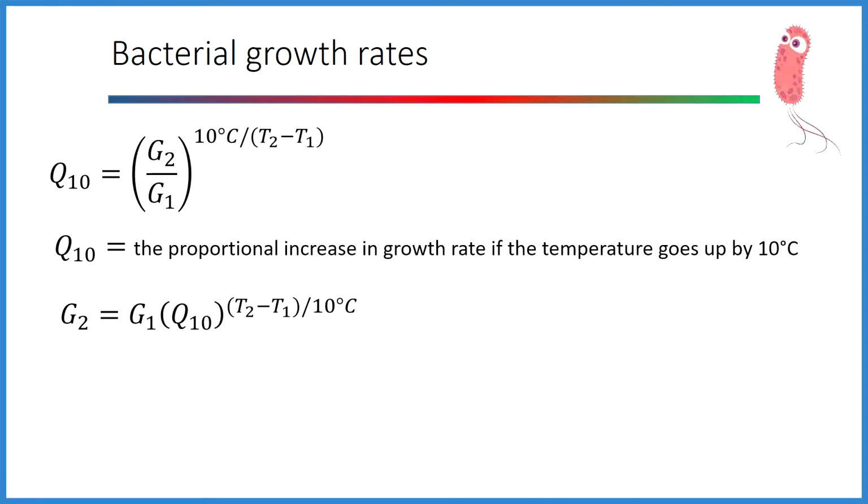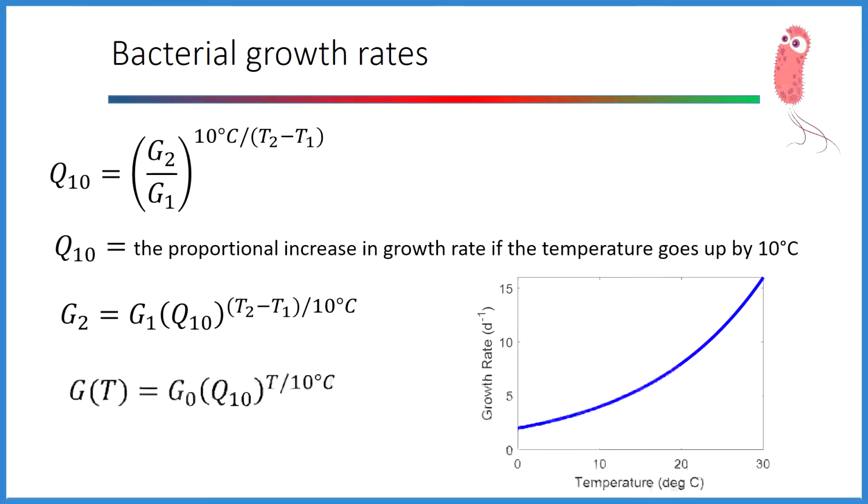If we know the growth rate at 0 degrees Celsius, which we often write as G0, we can compute the growth rate at any temperature using the equation G of T equals G0 times Q10 to the temperature divided by 10. If we graph this equation, we can see how the growth rate varies with temperature. It's an exponential increase.